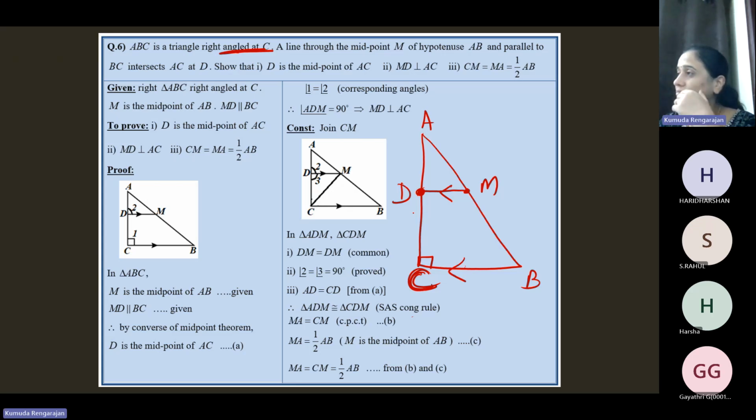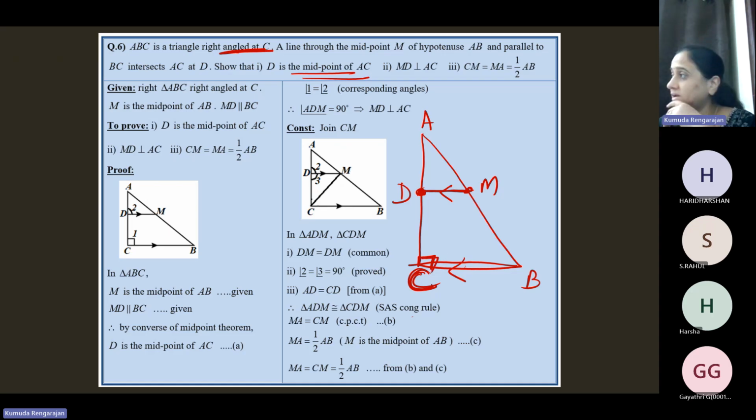Everything is given. M is the midpoint of AB, given. And through M, MD is parallel to BC, given. So by converse of the midpoint theorem, D is the midpoint of AC.